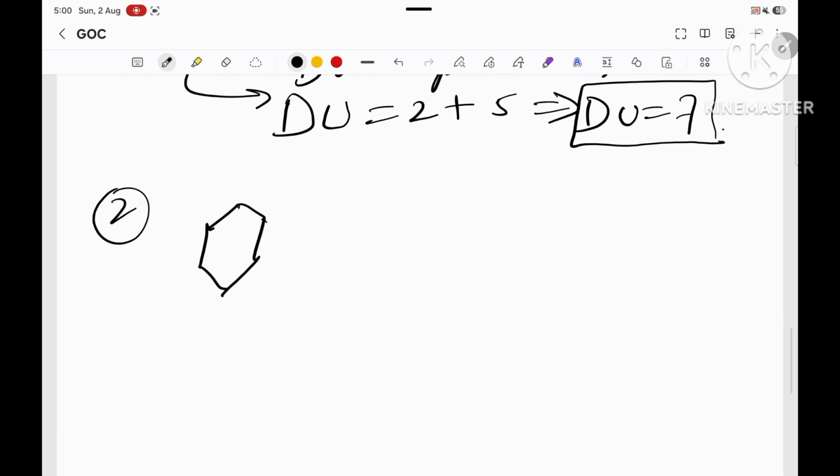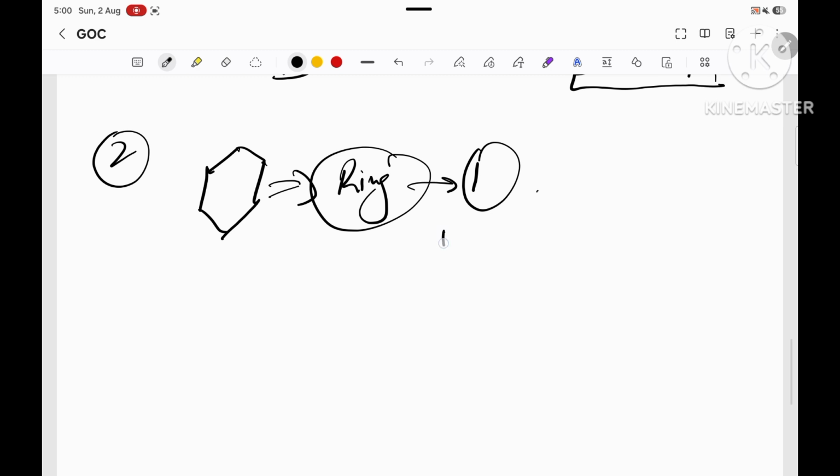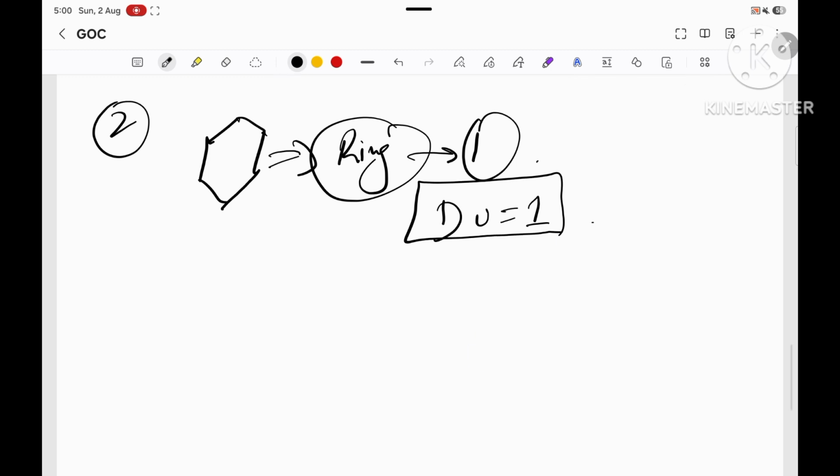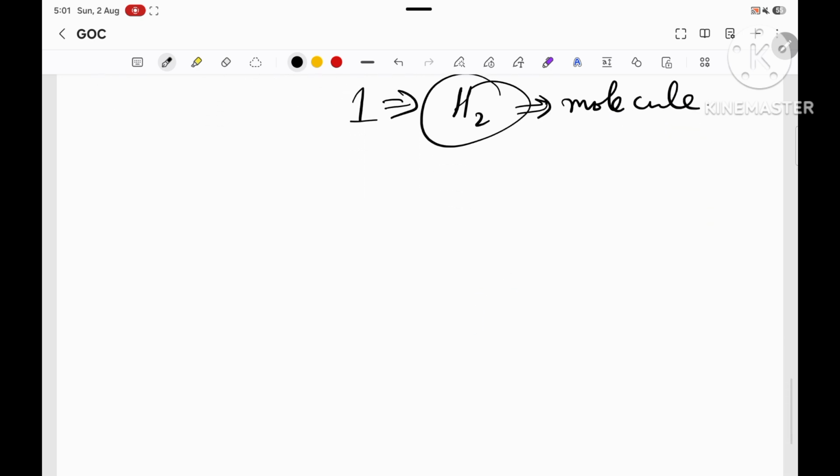Second example: here is only one ring and no double bond, so DU is directly equal to 1, because if we break this molecule somewhere, there will be a requirement of 1 hydrogen molecule, 1 H2 molecule. Now tell me what is the DU of this compound.